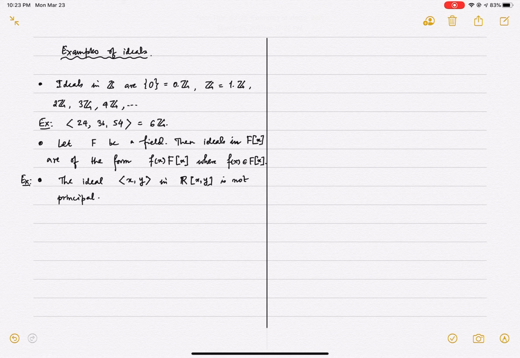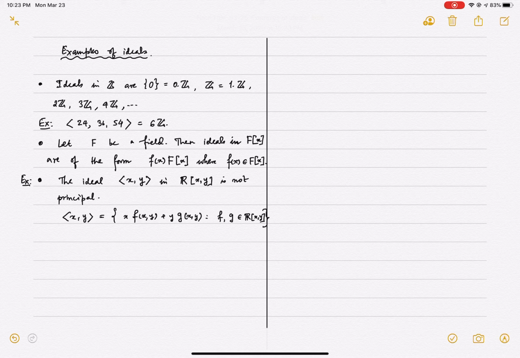So what is the ideal (x, y)? These are all two variable polynomials that look like x times f plus y times g, where f, g are in the two variable polynomial ring, right?